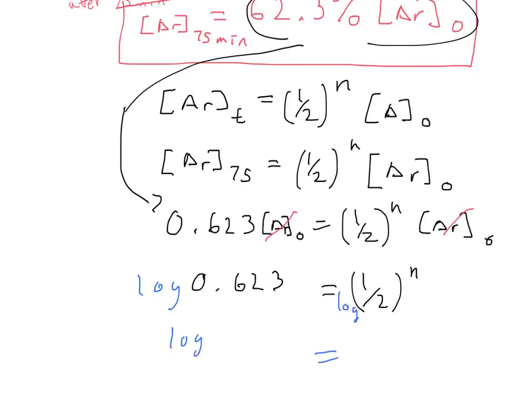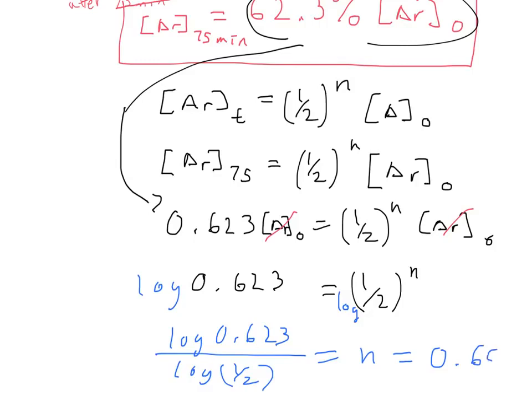So I've got the log of 0.623 divided by the log of 1/2 equals n, and that gives me 0.683 half-lives. So that's my number of half-lives.